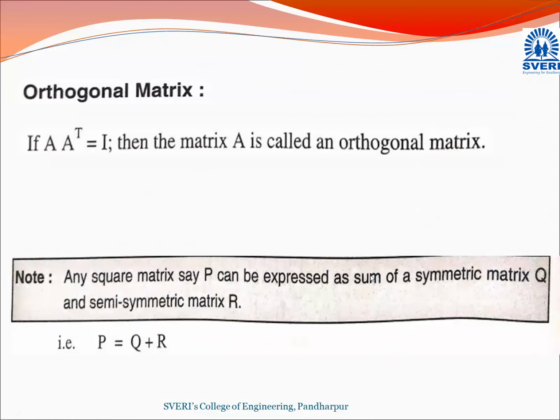Next, orthogonal matrix. If A into A transpose is equal to the identity matrix, then the matrix A is called an orthogonal matrix.